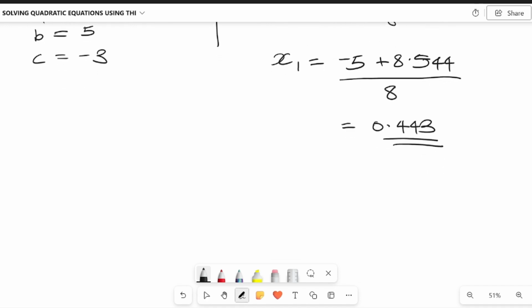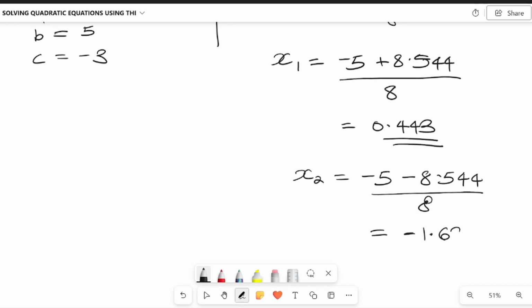And the second value of x is equal to negative 5 minus 8.544 all over 8, which is equal to negative 1.693. So those are the two values of x. So basically, that's how we use the quadratic formula to solve quadratic equations.